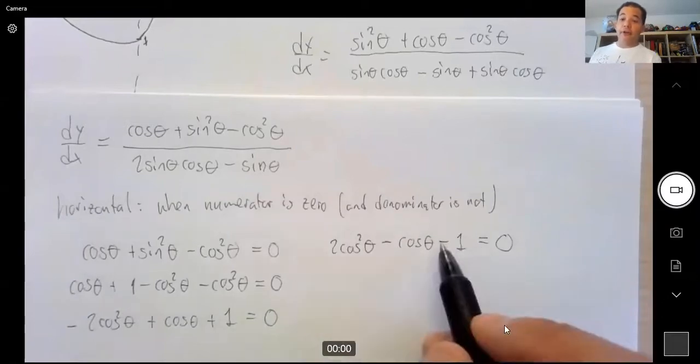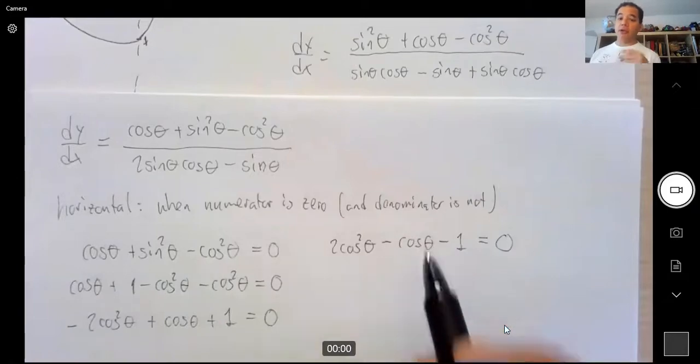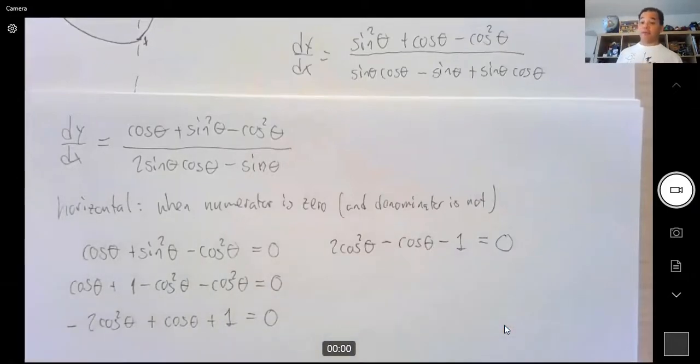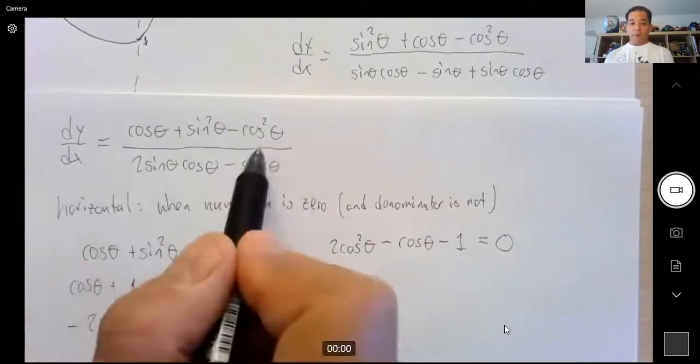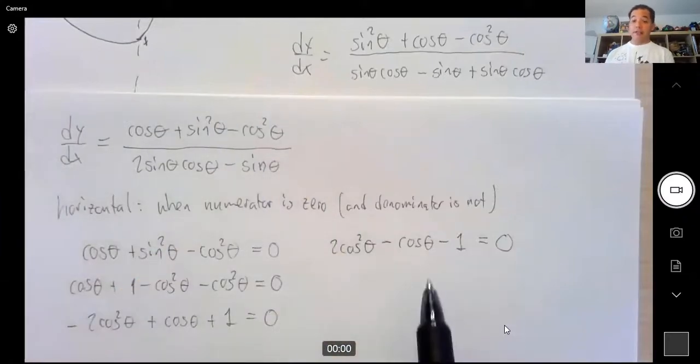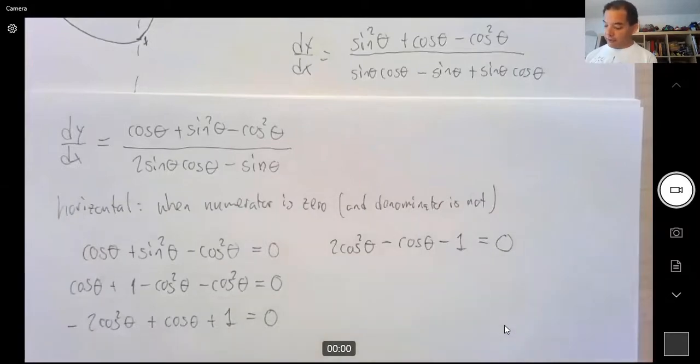Think of this as a quadratic equation in cosine theta. By the way, I'm not doing calculus here anymore. This is just algebra. We did the calculus part already when we figured out this formula. This part over here is simply algebra, and I know it looks complicated, but it's just solving an equation. That's what we're doing right here.